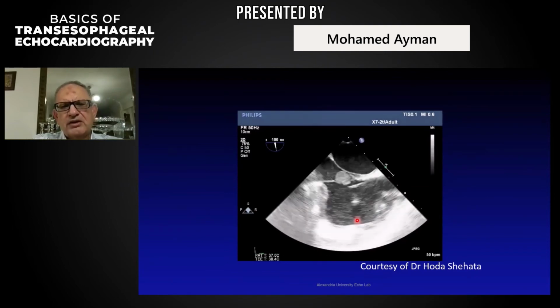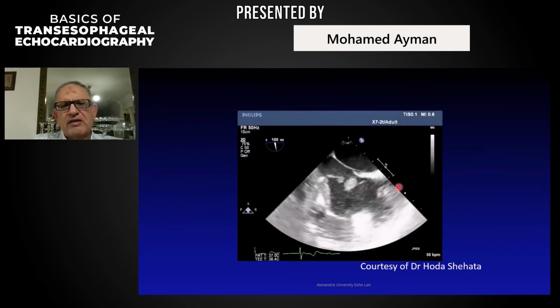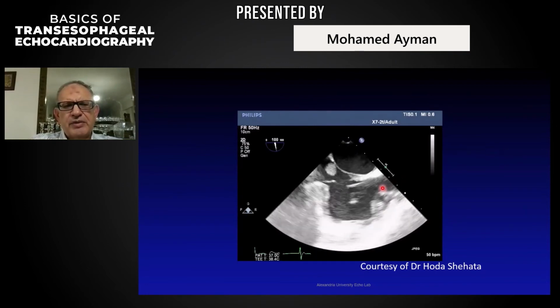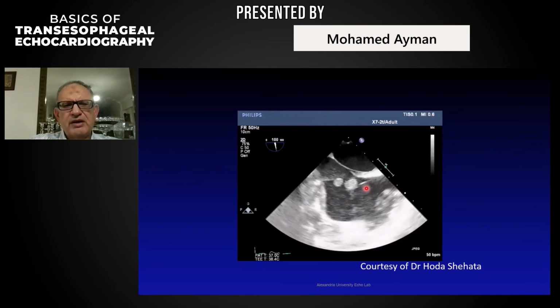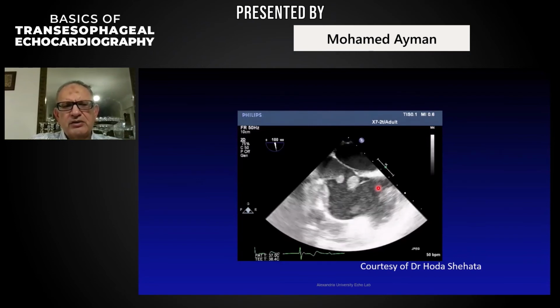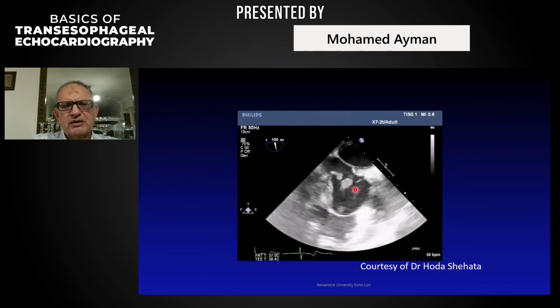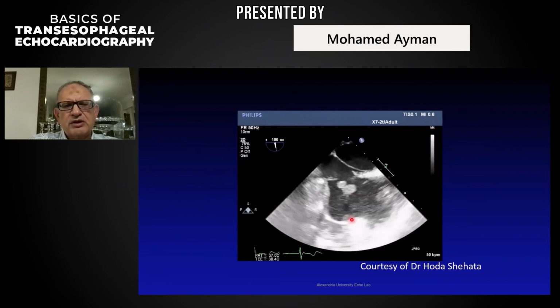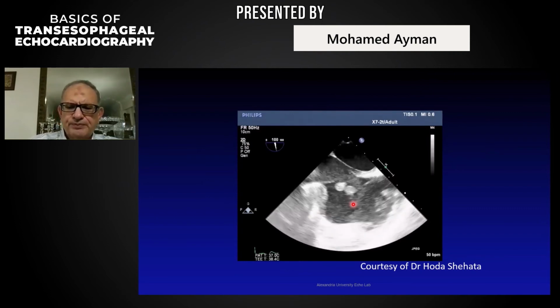As you can see here, this patient has a pacemaker lead passing through the superior vena cava, and there are multiple vegetations related to this infected pacemaker lead, seen inside the right atrium.